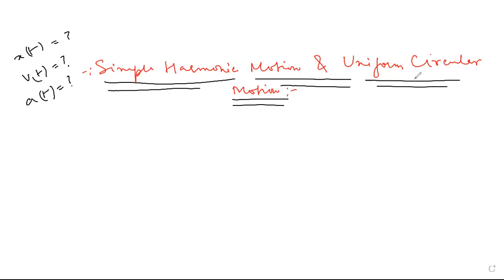Uniform circular motion is simply what? It is circular motion at constant speed.